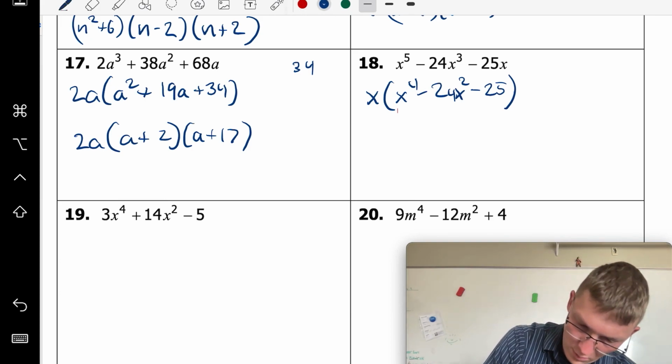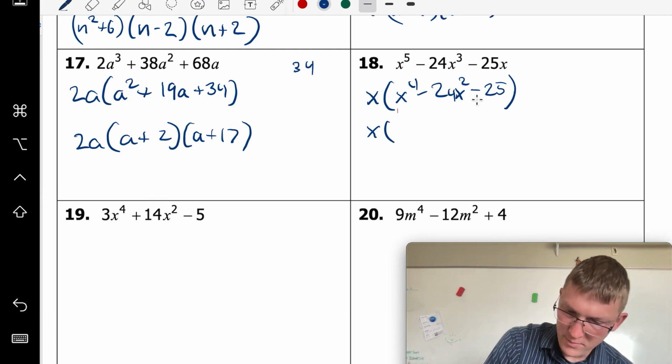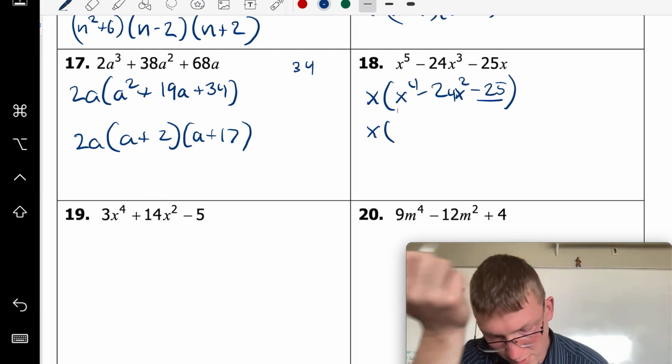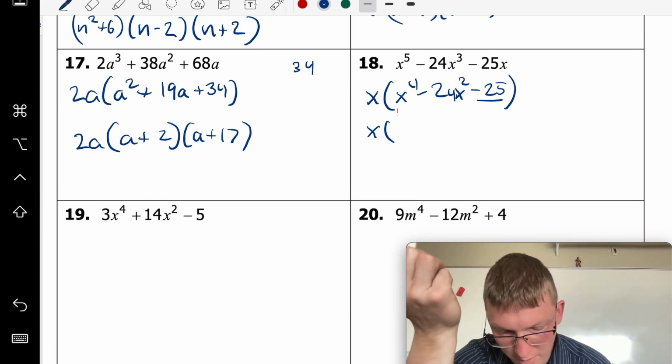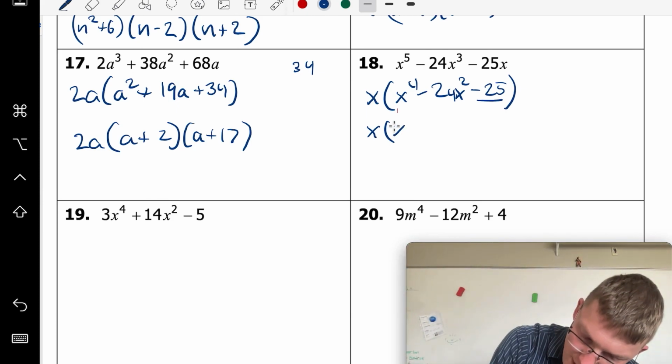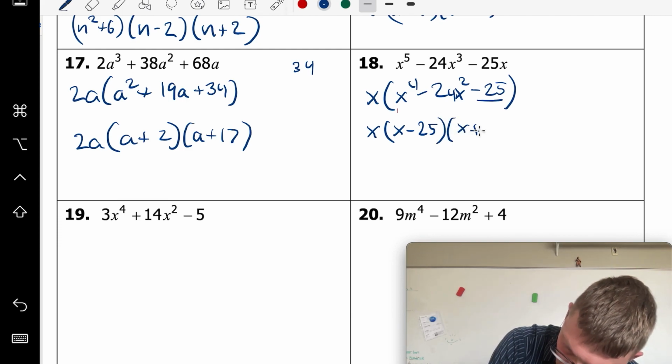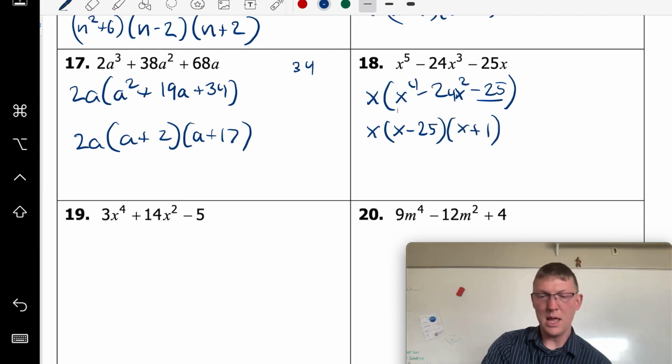So we're going to have our X on the outside. 25 and 1 subtract together to give negative 24. So we're going to have X minus 25, X plus 1, and voila. No, just kidding.